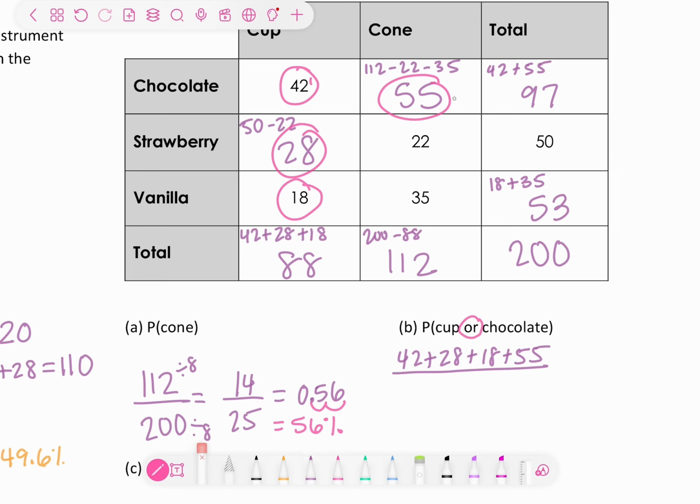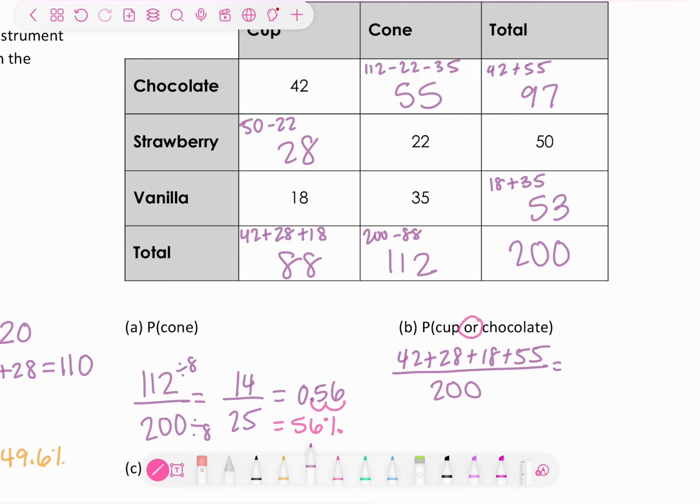So it's going to be 42 plus 28 plus 18 plus 55. Anything in cup or chocolate, not the totals, right? You're just adding each individual value for those specific types that you're looking for, cup or chocolate. And then the total is still 200. Add them all up. So 42, 28, and 18 is 88, because it's down here. So we just need to add 55 to 88.